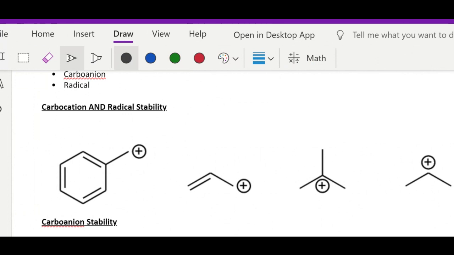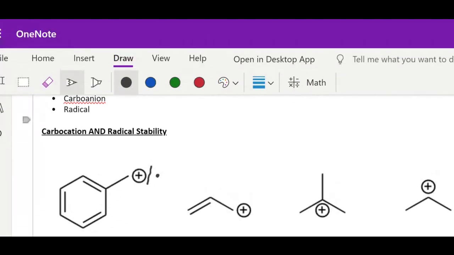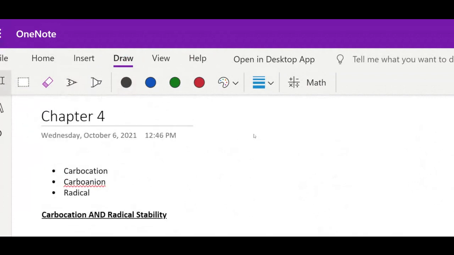Okay, so again, carbocation and radicals have the exact same stability trend. Okay, so next to each of these, I'm gonna put a radical, and this is the symbol for radical. Okay, and let me actually draw the symbols for all 3.